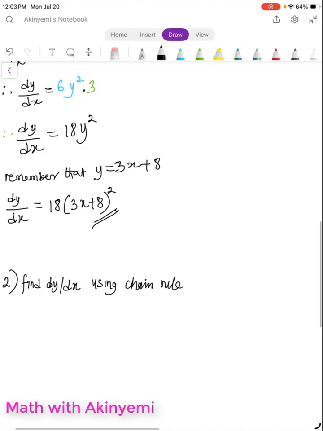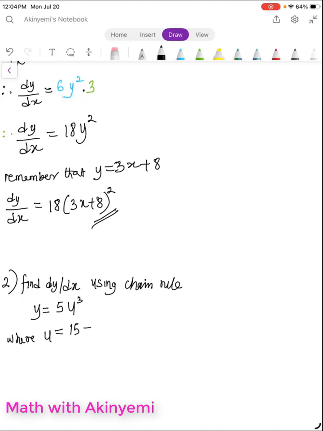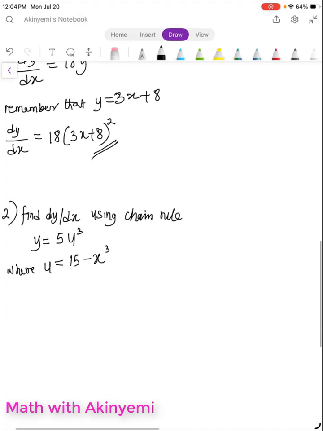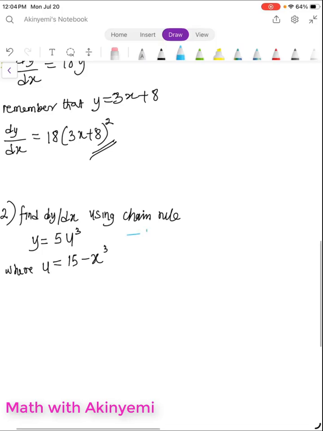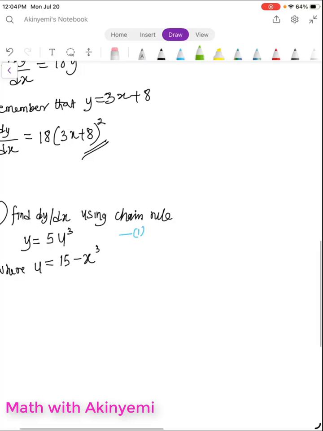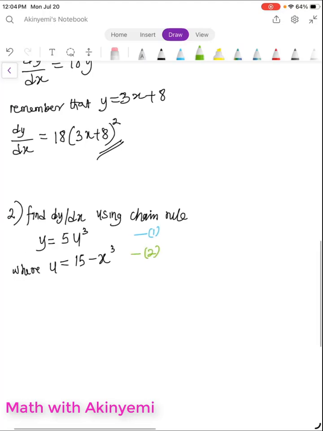So y equals 5u raised to power 3, where u equals 15 minus x raised to power 3. Look at this again. Let's label this as our 1. Let's label this 2.